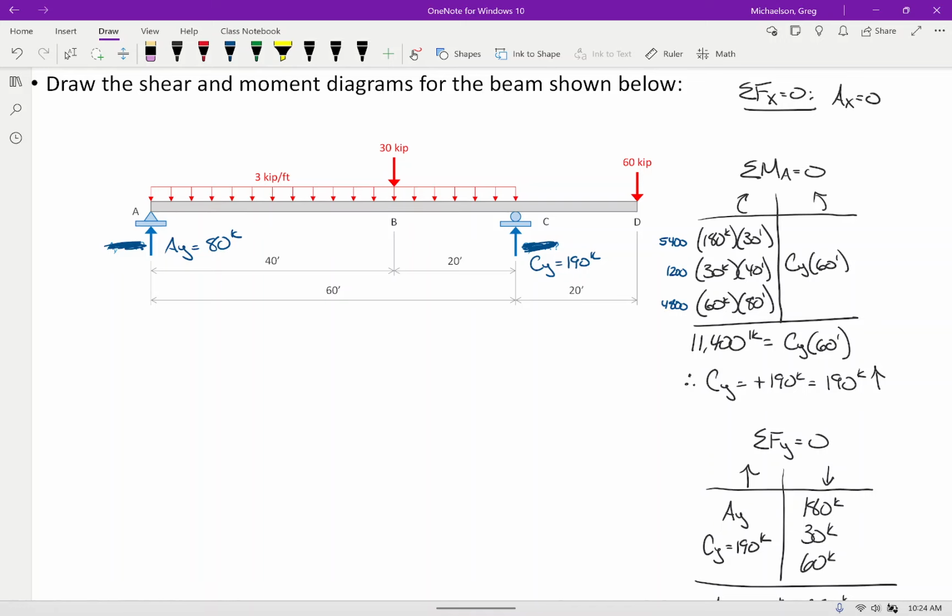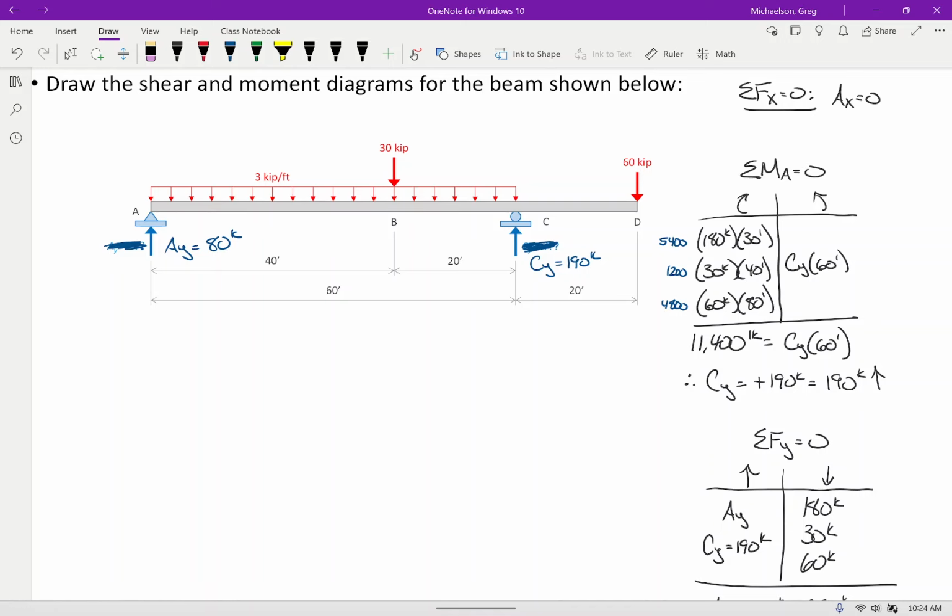Remember how I said if you cut a section and look to the left, you can't use the same collapsed load? You've got to recalculate it. Well, what are you doing when you construct a shear and moment diagram? You're cutting an infinite number of sections. Every time you cut a section and look to the left, you get a different load. You can't just use that 180 kips. So we use that as a tool to compute support reactions, and now I want to forget about it.